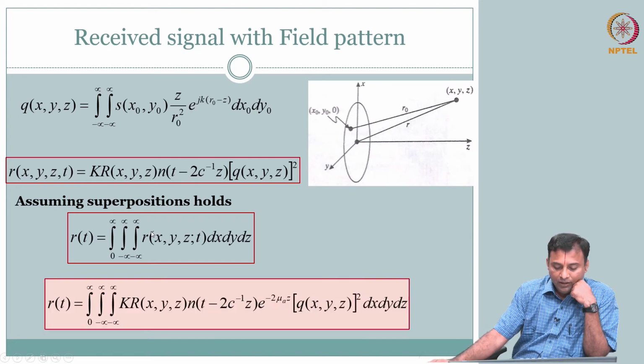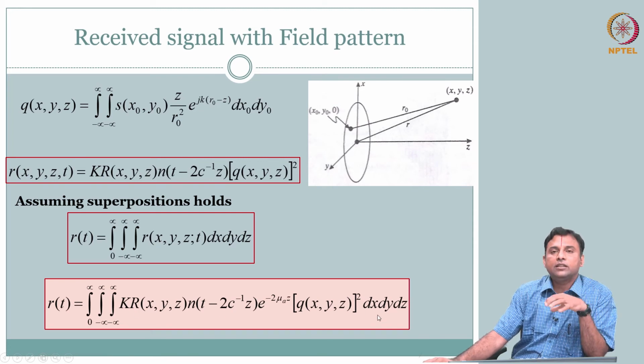Fine. So we can write your R of t in full form, because I have just substituted this small r. This is what you are getting. This is the fundamental signal equation for your ultrasound. Of course, I have conveniently introduced this term which was not there earlier.